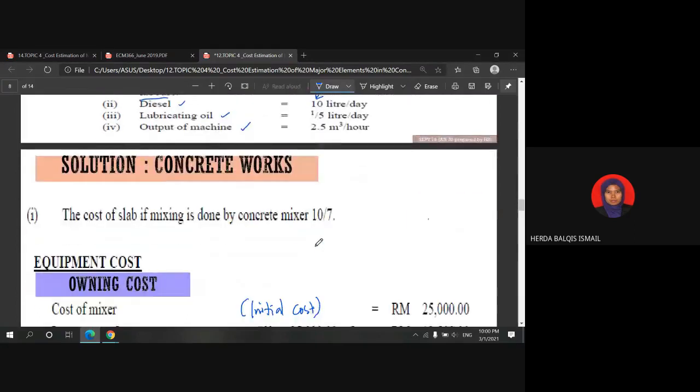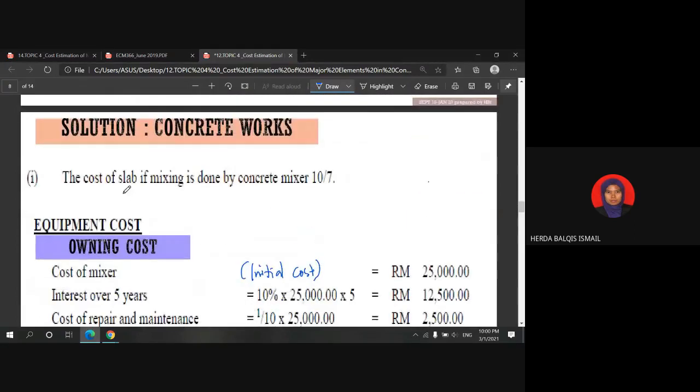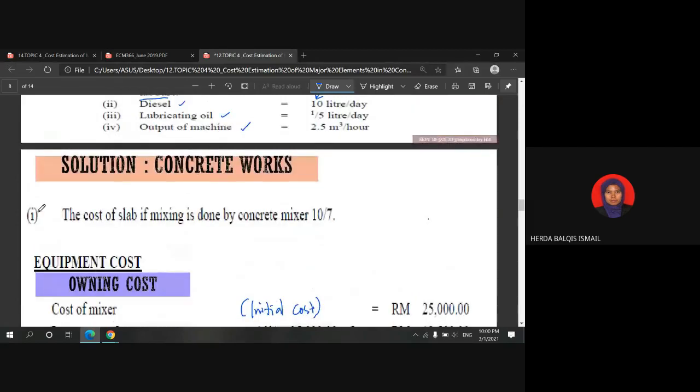First question, we want to calculate the cost of slab if mixing is done by concrete mixer. Concrete mixer means to say that we have an equipment, so we need to calculate the equipment cost.